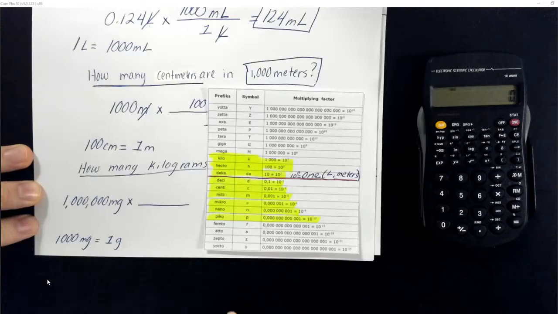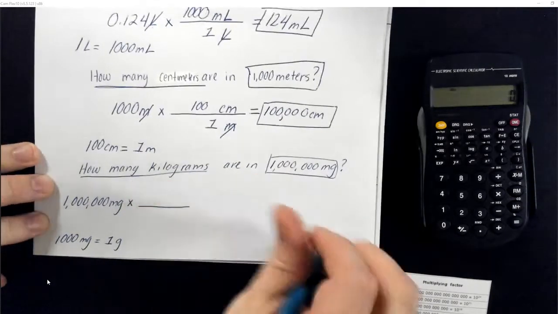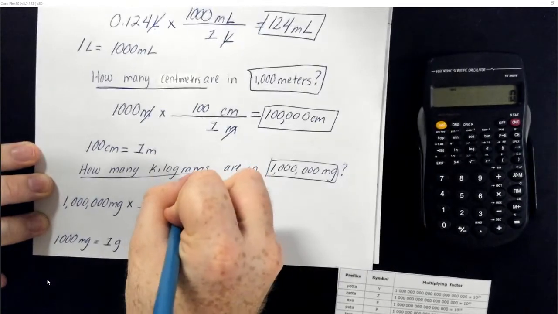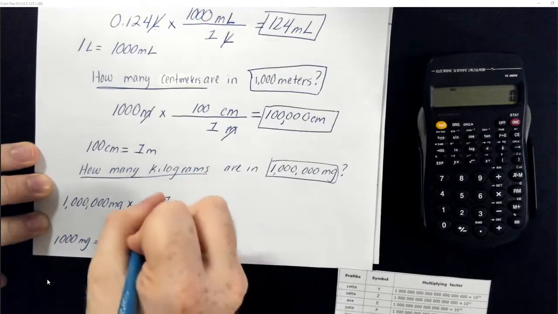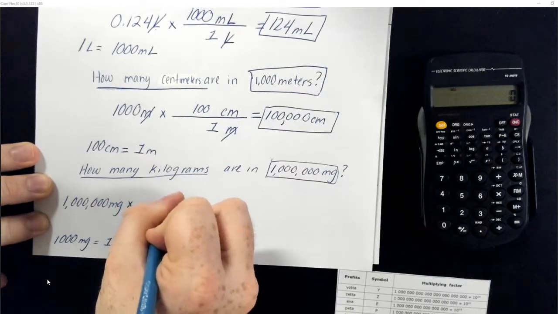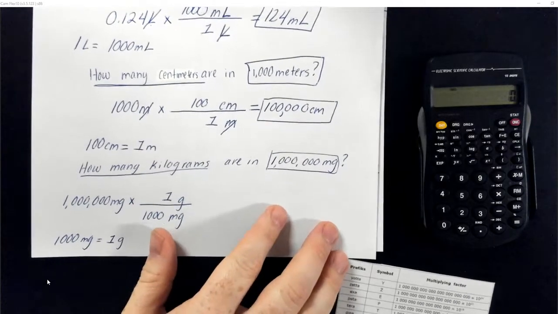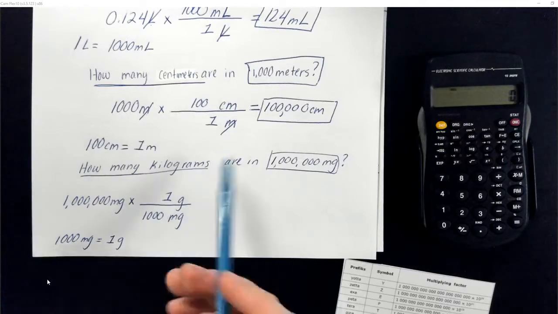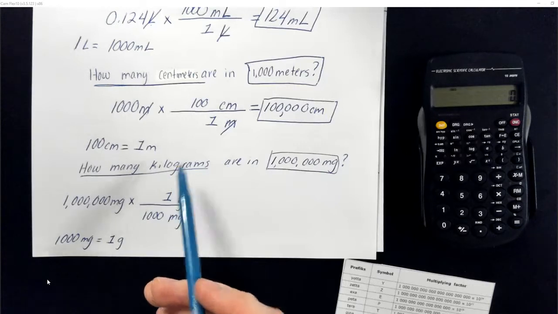Let's do that first. I need to cross cancel the milligrams. That'll take me to the grams. Grams is 1. Milligrams is 1,000. I'm not going to solve just yet because I am not at kilograms. I still have to take this one step further.